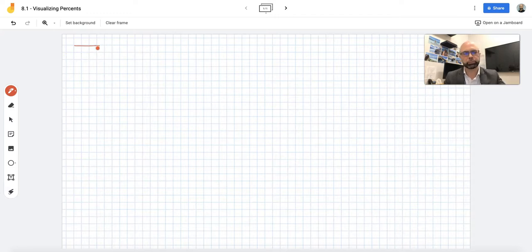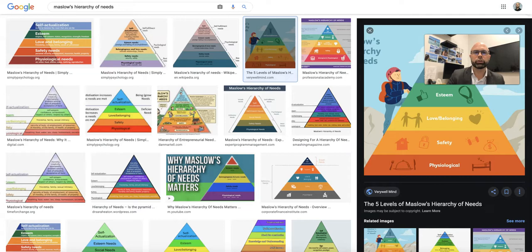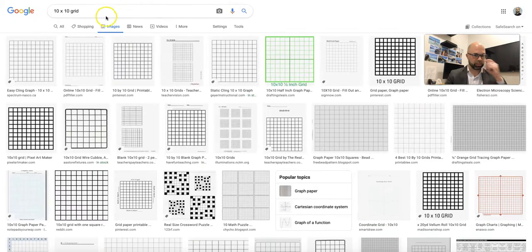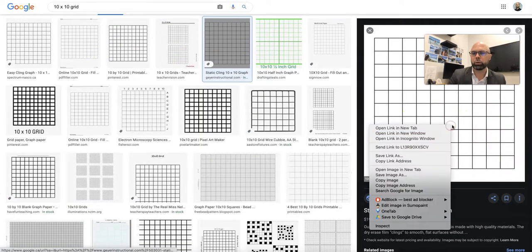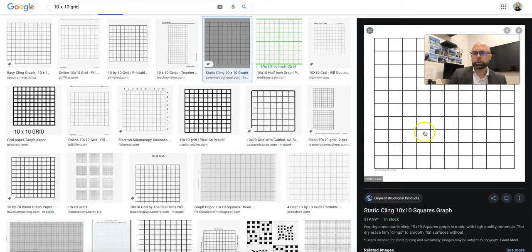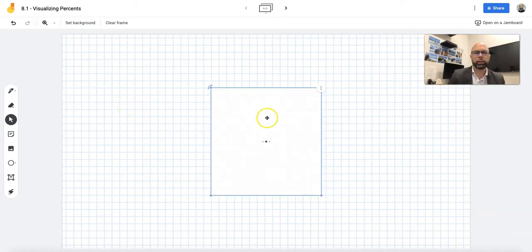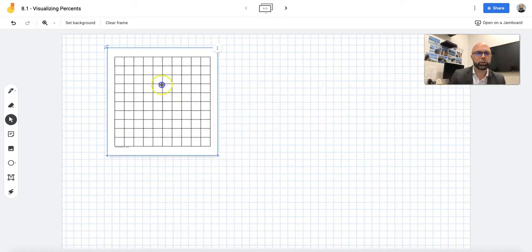Bear with me here. I'm going to keep the camera rolling just so you can see what I'm doing. What if we just copy this in? Would that work? Whoops, copy image. I just want you to see what I'm doing so you have your own shortcut in the future.